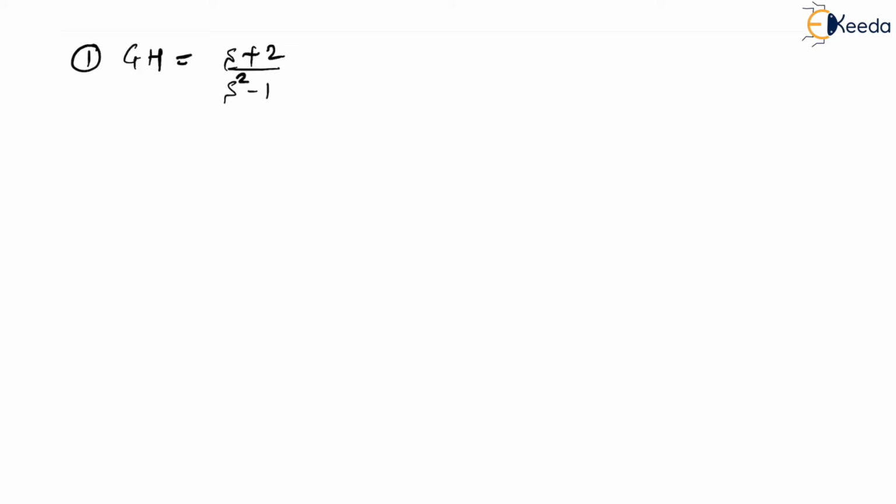If you equate it to 0, you get S squared equal to 1, which means S equal to plus or minus 1, so there are two poles on the right half of S plane at 1.